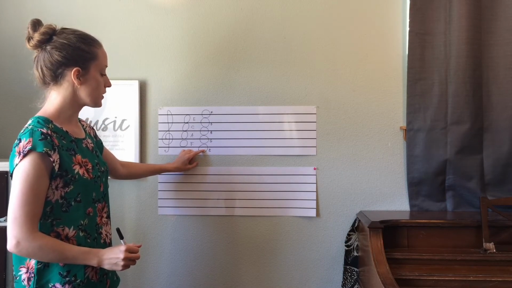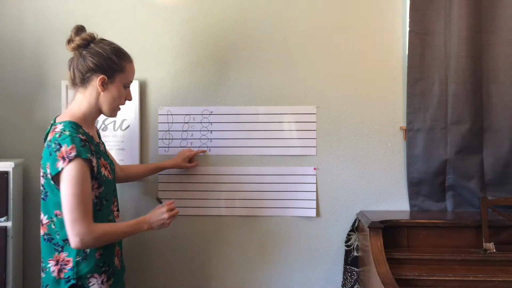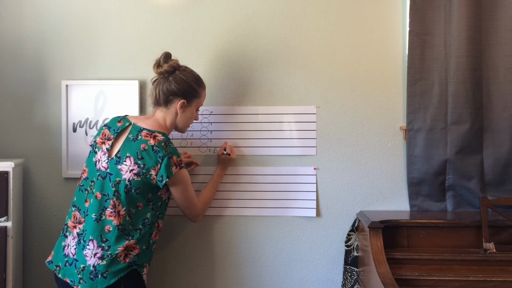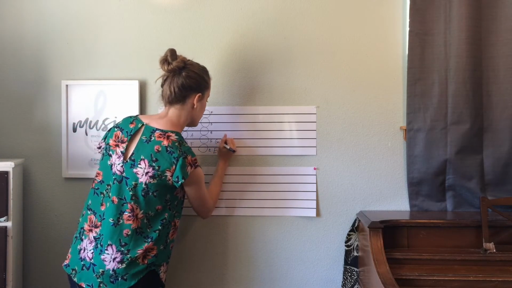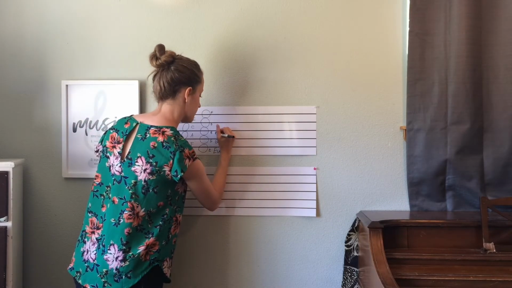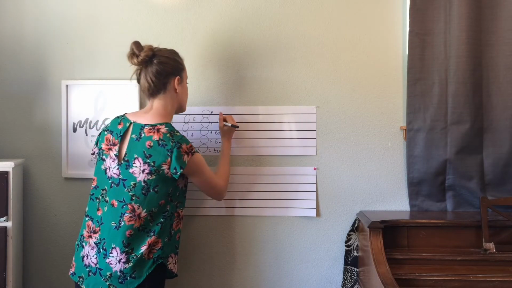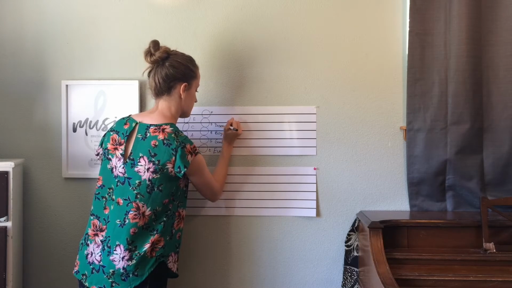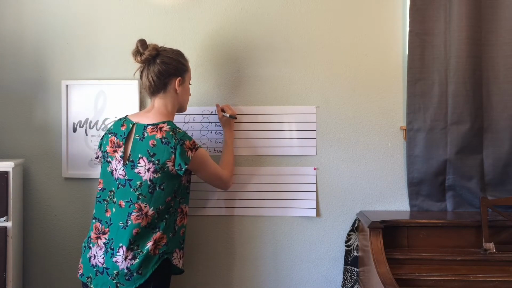So, for the line notes, I want you to remember an acronym. So we have E for every, G for good, B for boy, D for deserves, F for fudge.